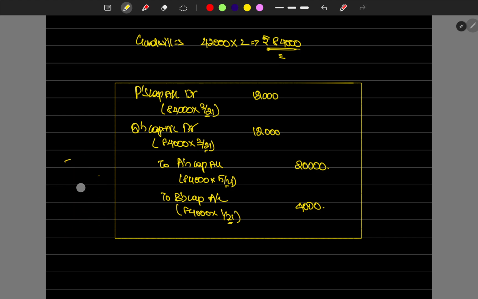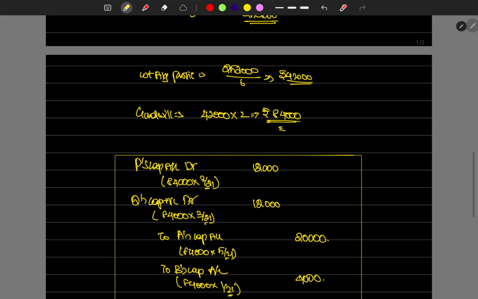Out of 21, 3 is taken by P and 3 by Q. The balance 15 worth of goodwill is kept by A and B. So this is the thing we have to understand. These are the nuances in this calculation.